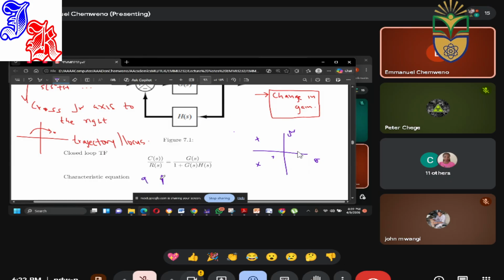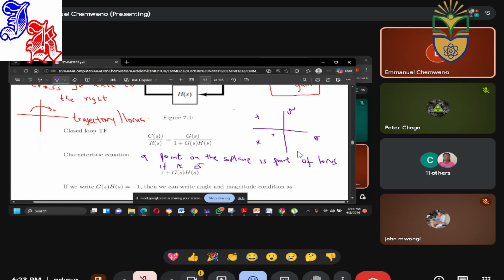A point on the S-plane is part of the locus if it satisfies the magnitude and phase condition.